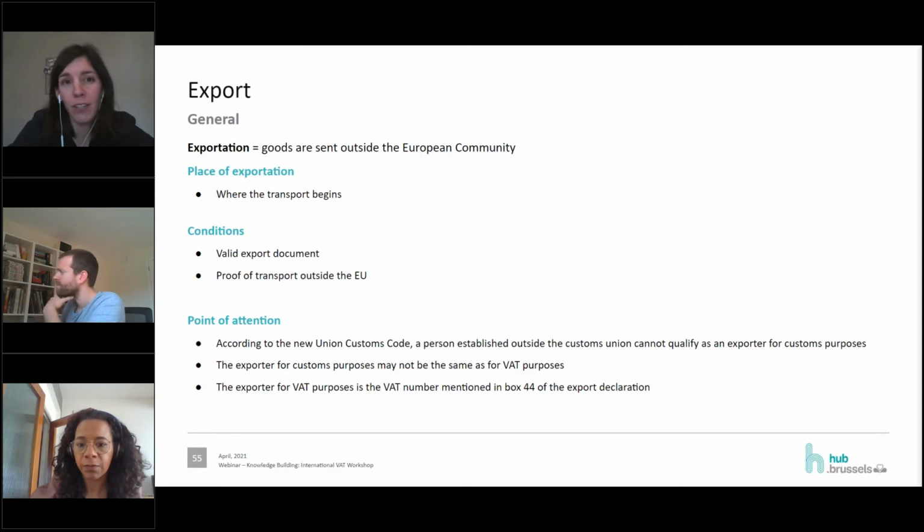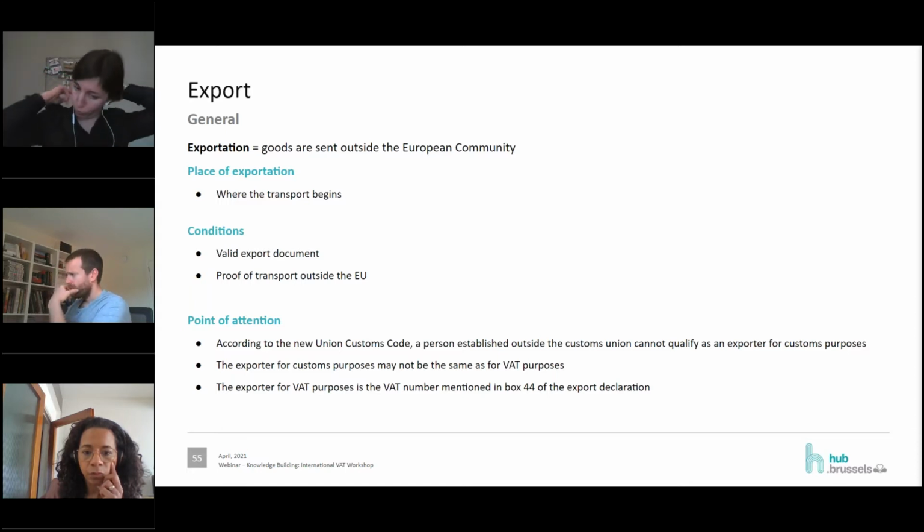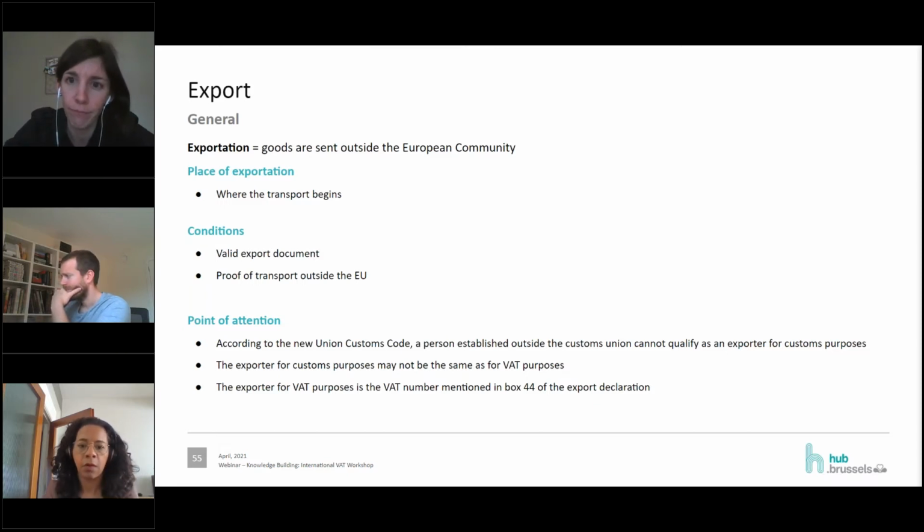So indeed, this is also the whole setup with e-commerce. There are specific procedures in the UK falling under the scope of e-commerce, in case you need to pay VAT on your sales to UK customers. Okay, thank you, Emily.